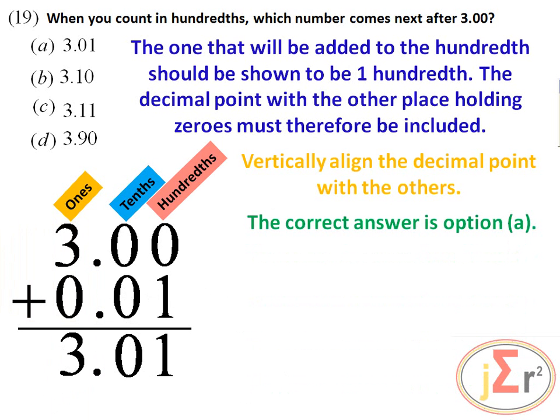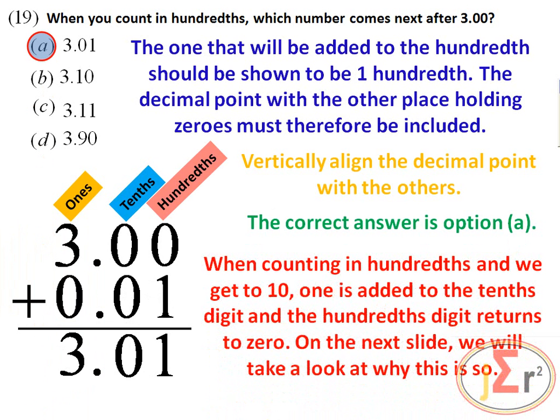The correct answer is option A. When counting in hundredths and we get to 10, 1 is added to the tenths digit, and the hundredths digit returns to 0. On the next slide, we will take a look at why this is so.